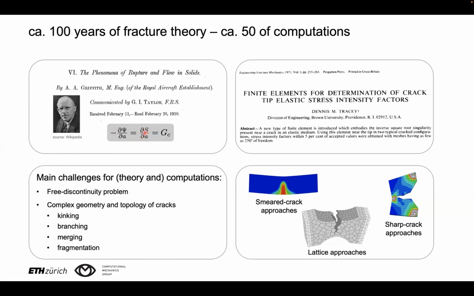And he postulated that the energy per unit surface area that is needed to create new surfaces is a material property. And this material property was called critical energy release rate or fracture toughness, and it was given the name of GC, where G was in honor of Griffith.